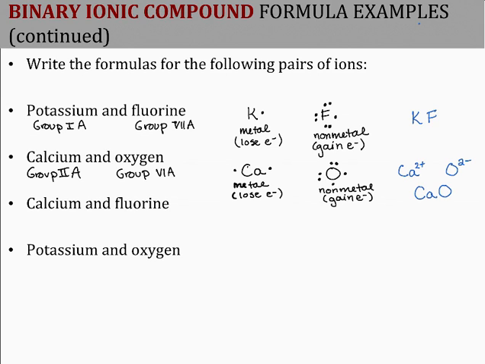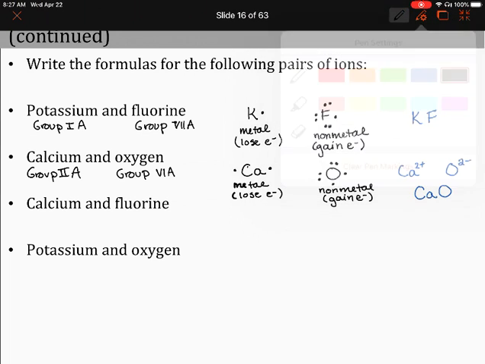All right, so now for calcium and fluorine. We already said that calcium has 2 valence electrons and wants to lose those electrons, and that fluorine has 7 valence electrons and wants to gain 1. So the resulting ions would be Ca2+ and F-.